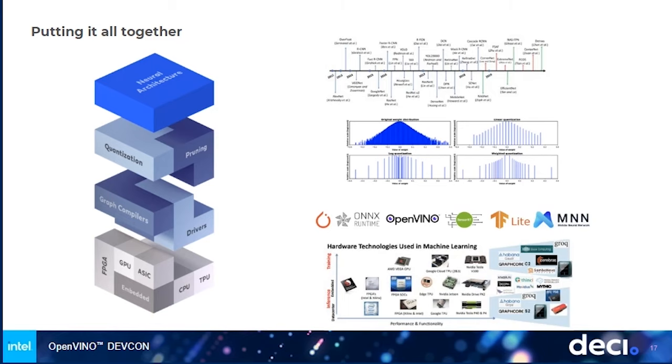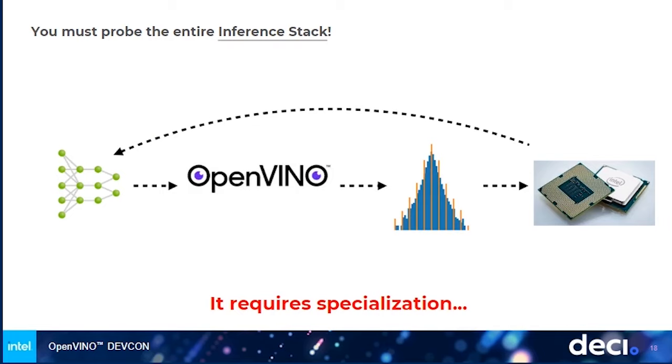And this can be done manually. For instance, many models were developed manually for a specific hardware. For instance, RepVGG, which is not so new, a year ago, was developed for a GPU.